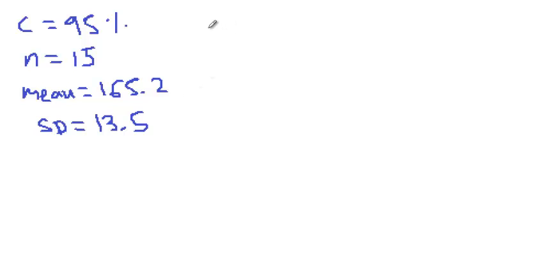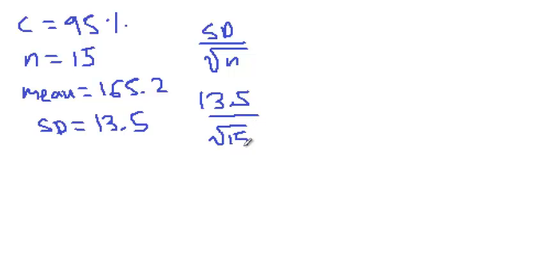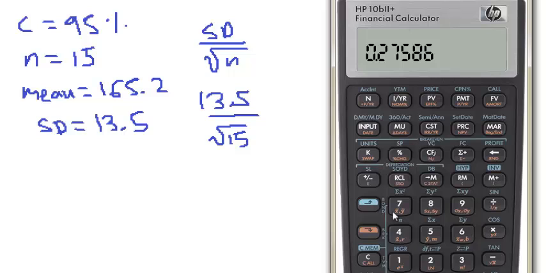The population standard deviation, remember, is the general standard deviation divided by the square root of the sample size. So that means, in this case, 13.5 divided by the square root of 15. Okay, let's get out our calculator again. Clear it. And what do we got here?